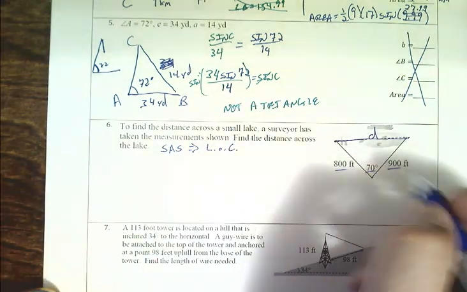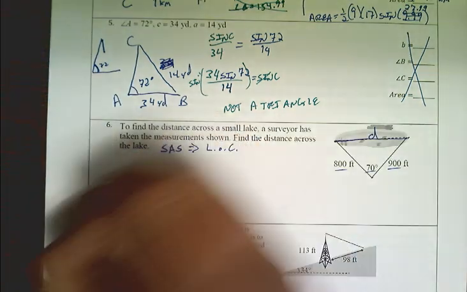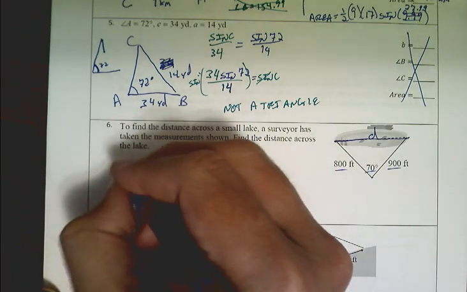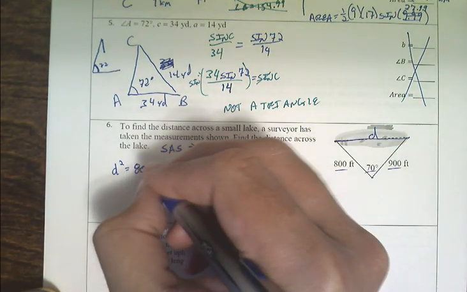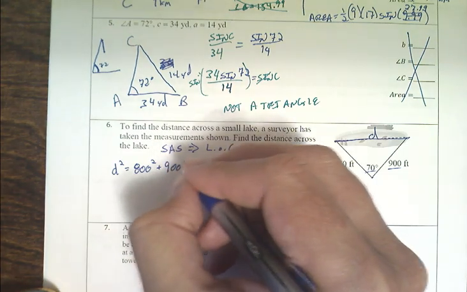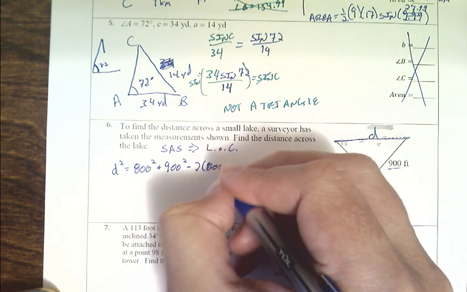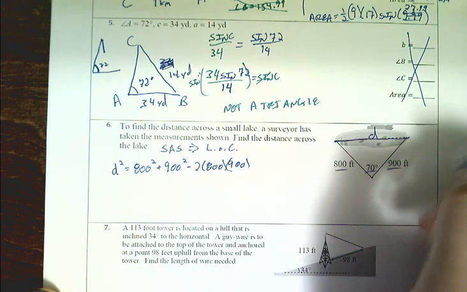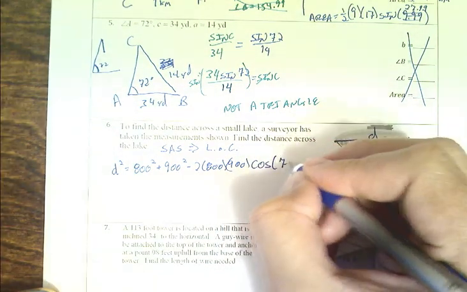And we're finding a side. So we're going to use d squared is equal to 800 squared plus 900 squared minus 2 times 800 times 900 cosine of 70 degrees.